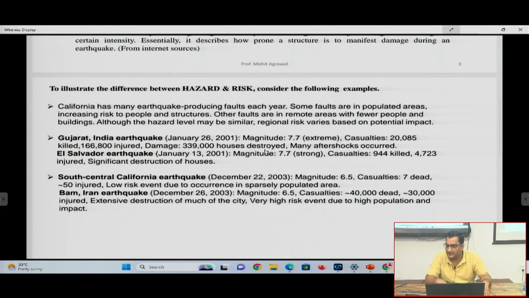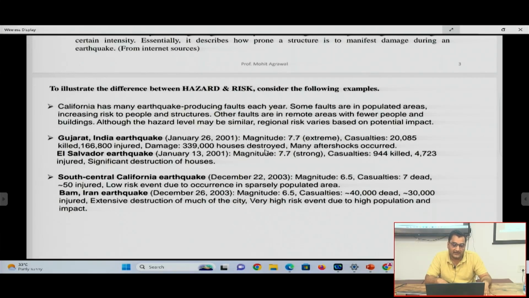Only 944 casualties happened, and there was significant destruction to the houses. It may be because the population density in that area was not that much, and also the constructions were following the building codes designed for that area, because of which the risk was less, even though the earthquake magnitude was the same.